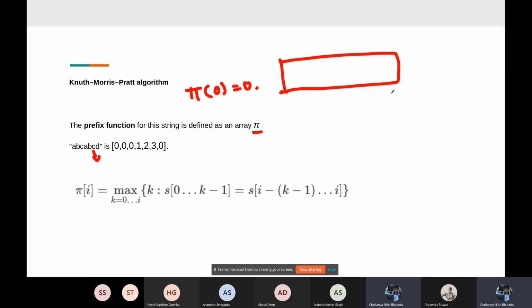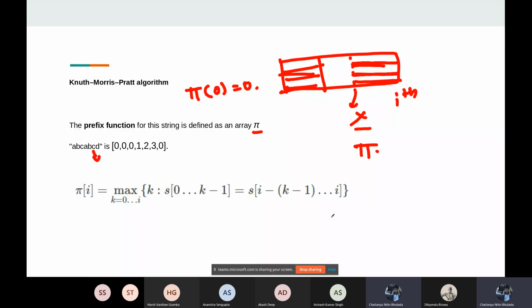Suppose I'm calculating the pi value at the ith position. It is the maximum length x we can get, not the whole string, such that this prefix and this suffix are the same. This is the value of pi.